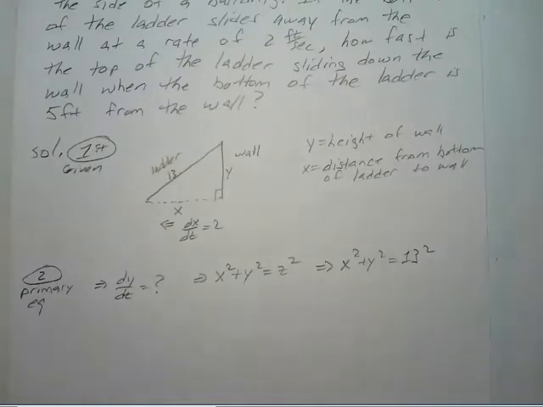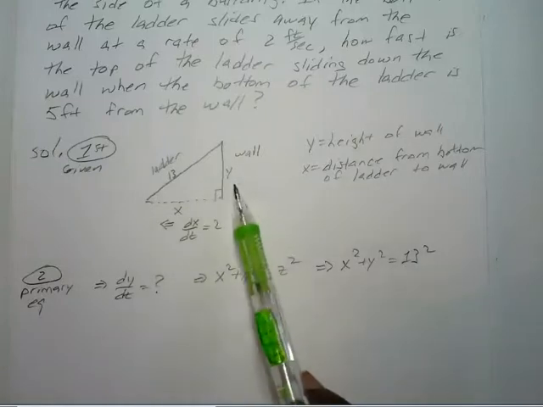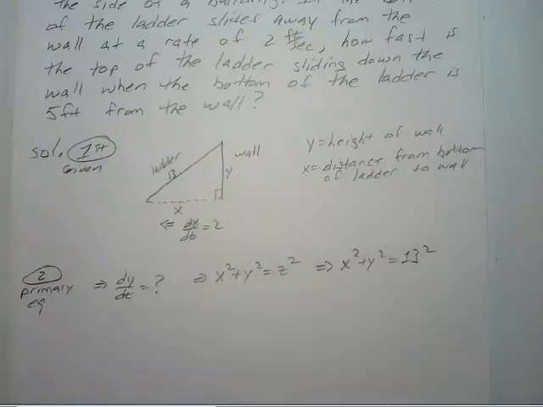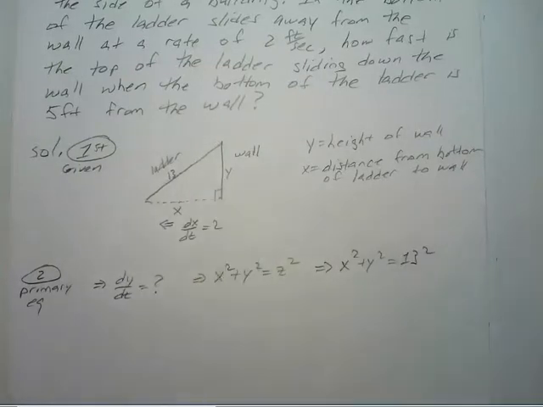Alright, now this one's a little bit different because it's involving rates of change. It's not like you can just solve this for y and then find your x. You can't do that because you don't know what y is. You don't know what x is. You just know that it's changing. It's not just one value.